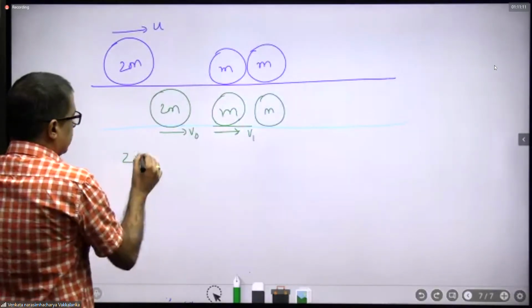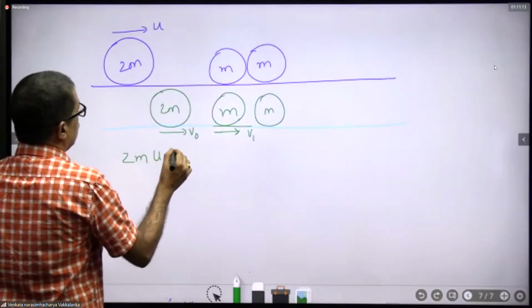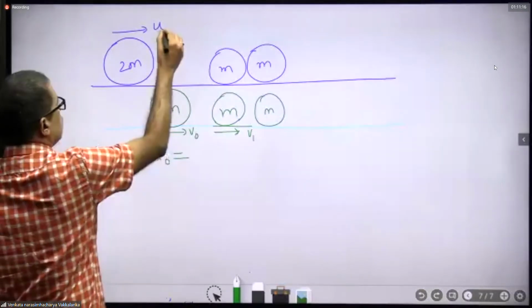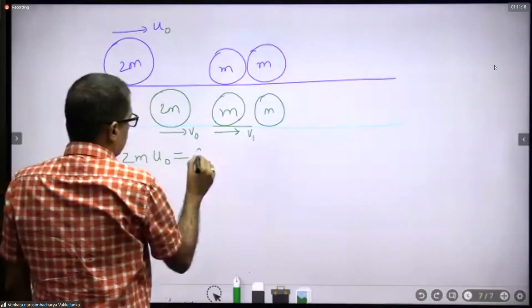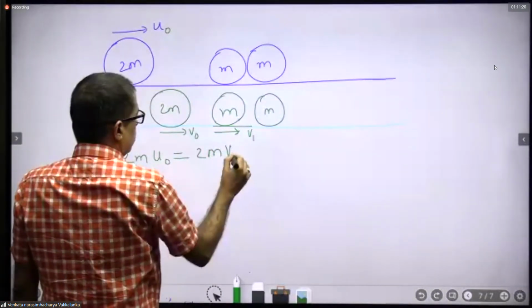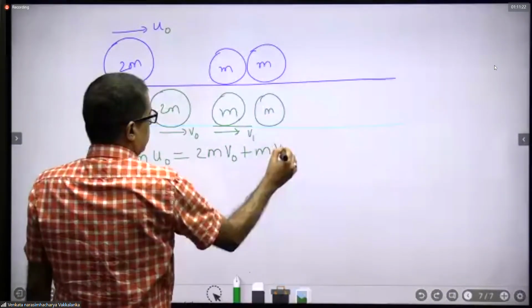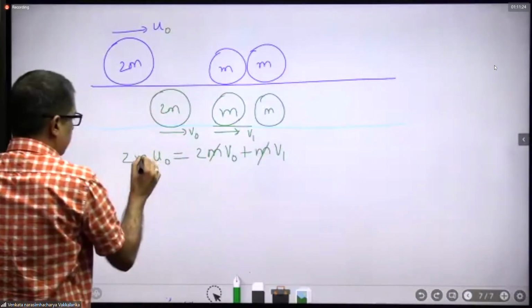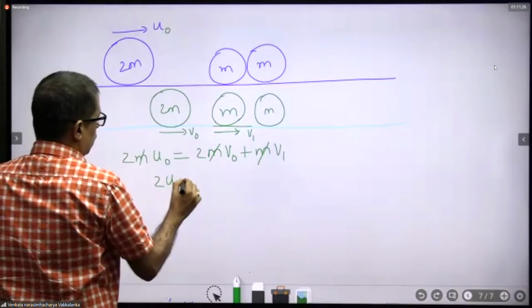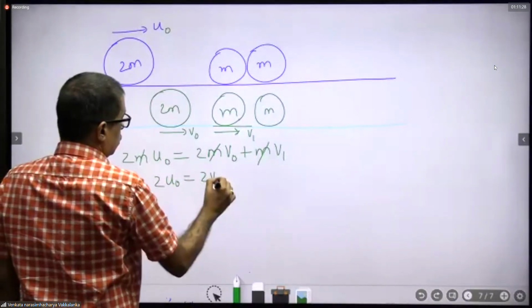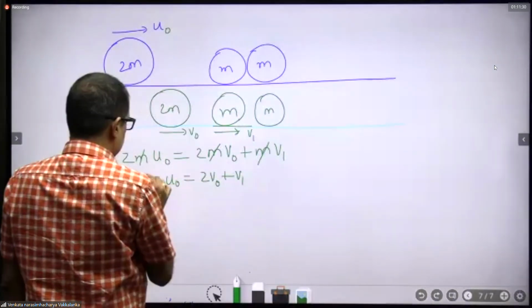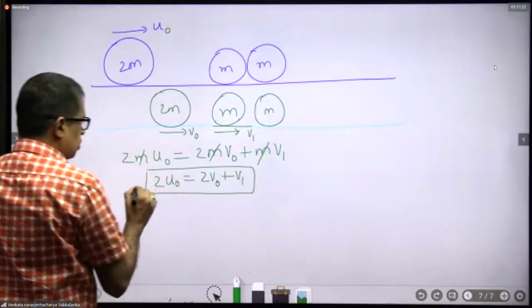How do you do that? 2m into u naught is equal to 2m into v naught plus m into v1. Cancelling m, 2u naught is equal to 2v naught plus v1. This is my first equation.